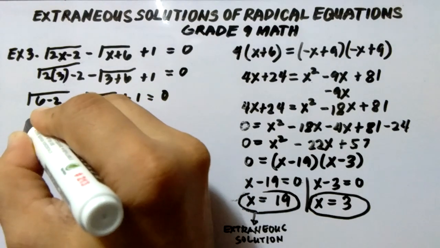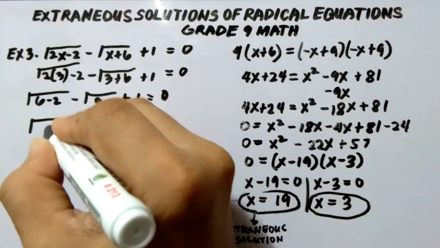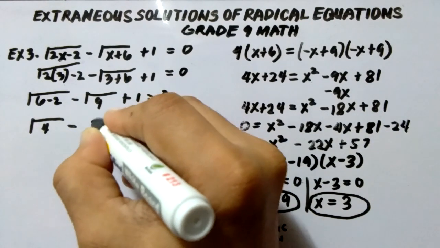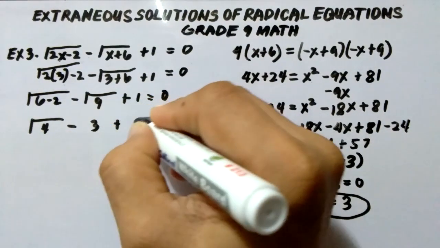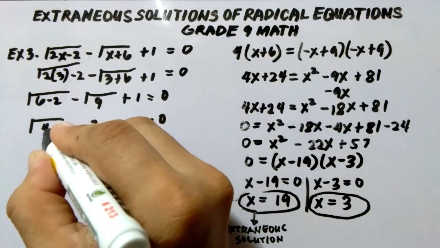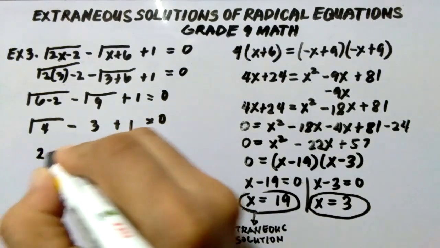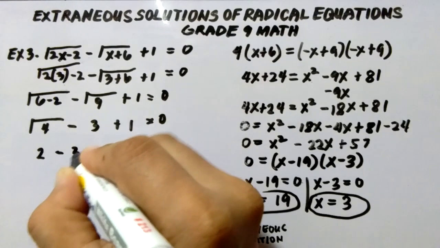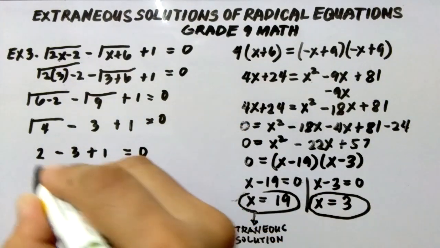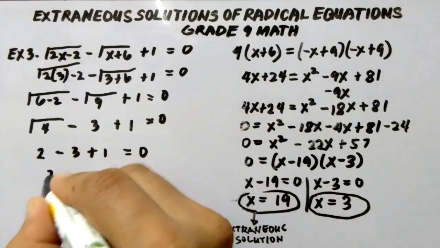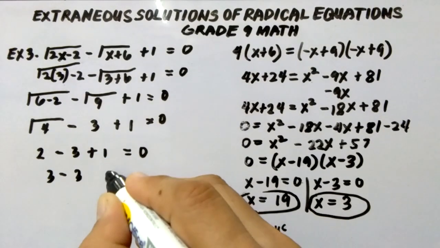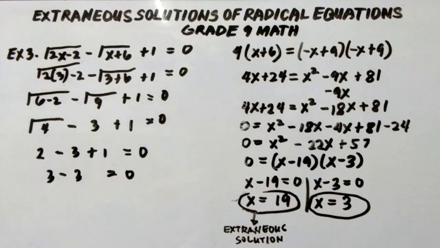So we have square root of 6 minus 2, that is 4, minus square root of 9, that is 3, plus 1 is equals to 0. So square root of 4, that is 2, minus 3, plus 1 is equals to 0. Then 2 plus 1, that is 3, minus 3 is equals to 0.